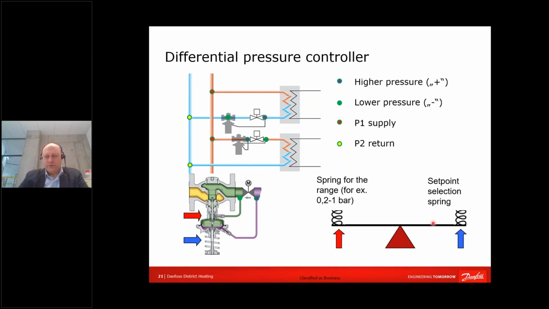And you are doing it with the set point selection spring. Actually, that spring is the one where you are setting your differential pressure controller, and some tiny spring, which is not visible here, is sitting inside.